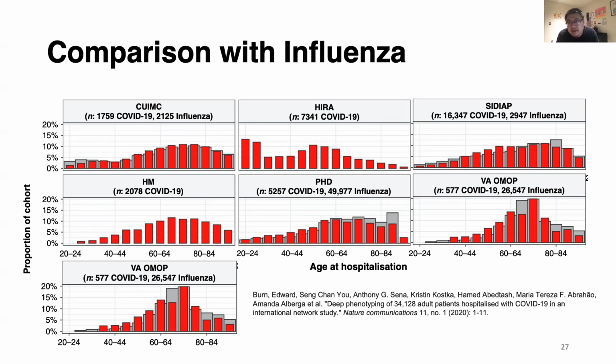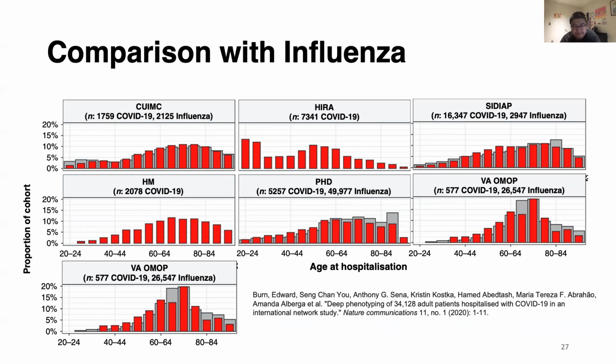Individuals hospitalized with COVID-19 were compared with patients hospitalized with influenza between September 2014 and April 2019, wherever available, and the proportion of cohorts by 5-year age groups with counts of less than 10 are omitted.